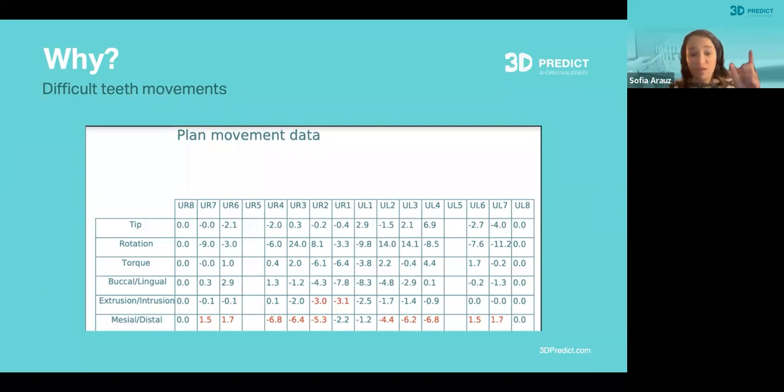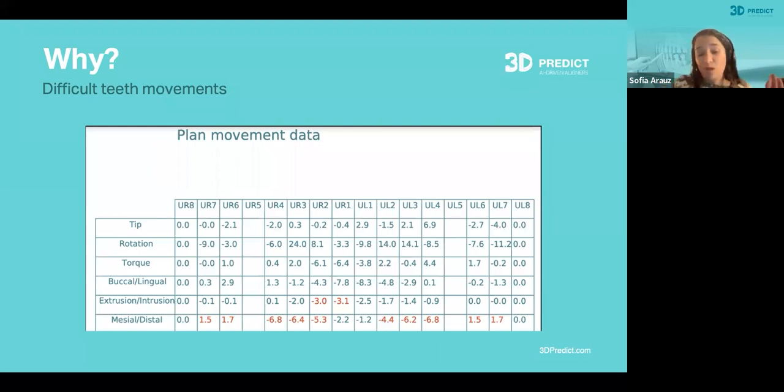What that phrase means is that it's either too much movement for the number of steps you want to achieve it in, because you're not going to have this patient wearing 50 trays indefinitely, or it violates anatomical boundaries and thus is unpredictable.